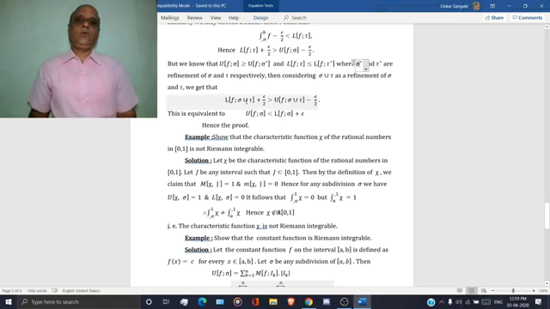Then clearly we change the side of epsilon by 2, and we get epsilon by 2 plus epsilon by 2 is epsilon, and then replacing the refinement by a single subdivision sigma, we get the equivalent statement that the upper sum for f corresponding to subdivision sigma is less than the lower sum for f corresponding to subdivision sigma plus epsilon.